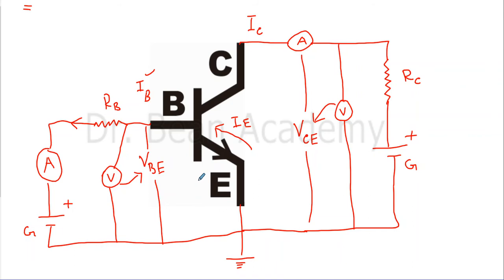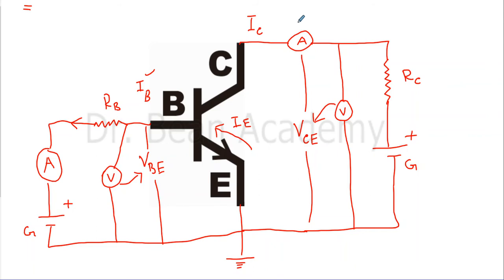And as you know, the collector current is greater than the base current. For a small base current, you will see a huge, amplified current at the collector.